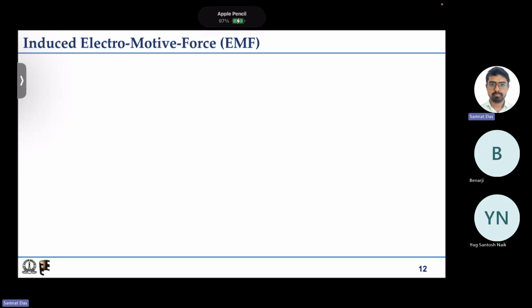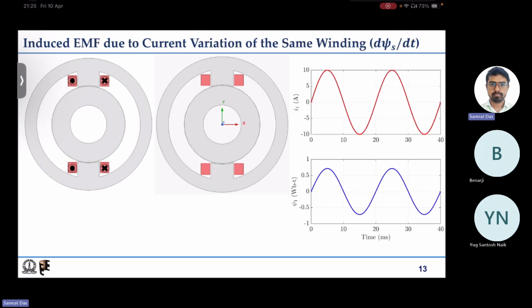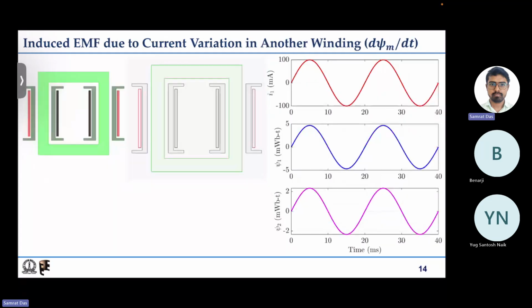Last day we recapitulated the four types of induced EMF. First, due to variation of current of its own winding, that is variation of self flux linkage due to its own current. There will be some induced EMF that can be represented by simply an inductance. Then we discussed the variation of mutual flux linkage.